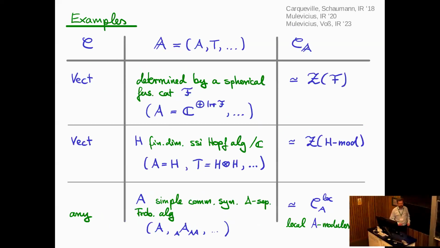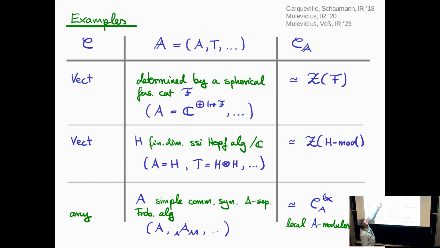Okay, so here are examples. In the first example, my surrounding modular category is Vect, so the TFT is trivial. And then I fix my orbifold data in terms of a spherical fusion category F. So what does that mean? A is now an algebra in Vect, and it's concretely going to be as many copies of the complex numbers as F has simple objects.